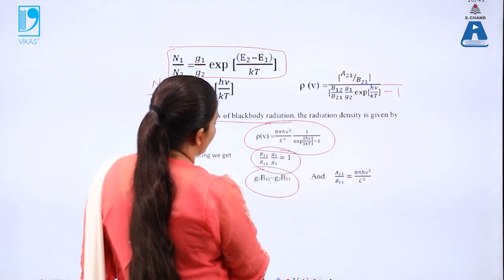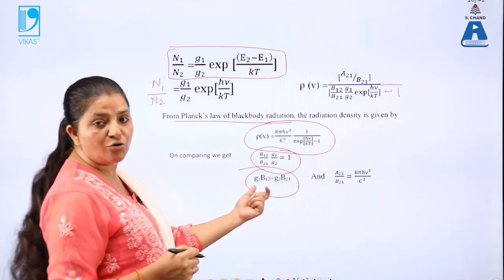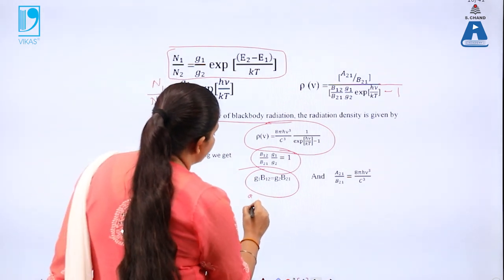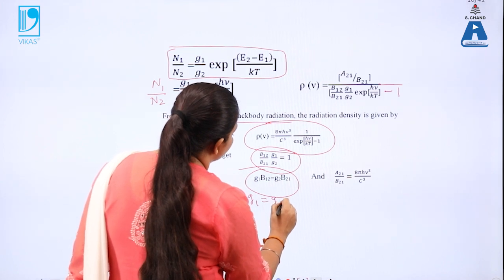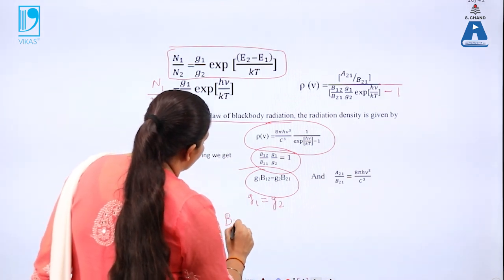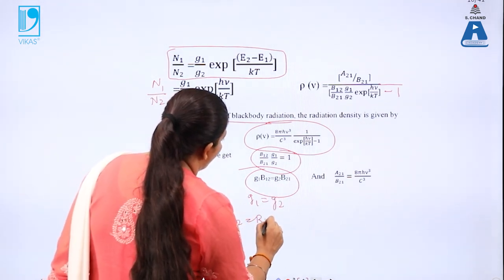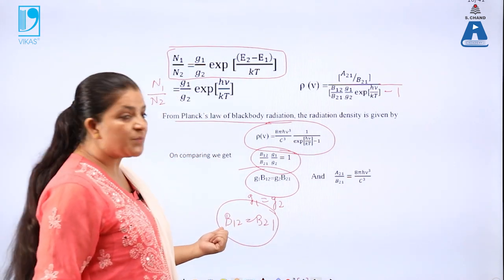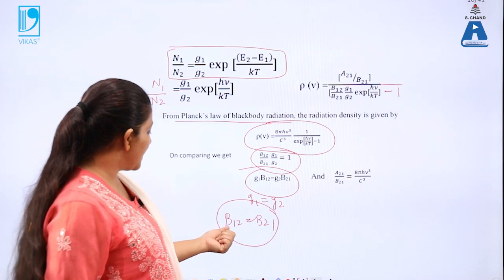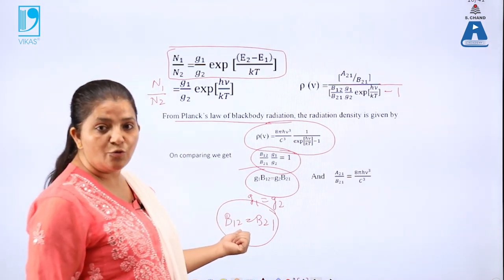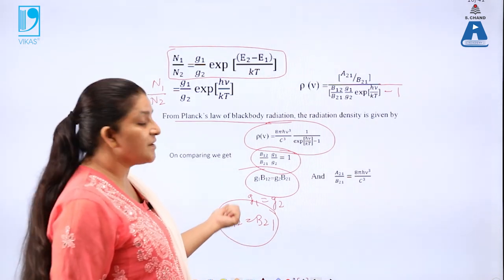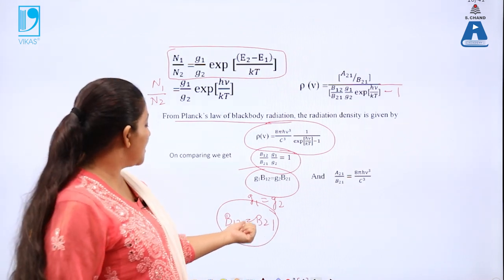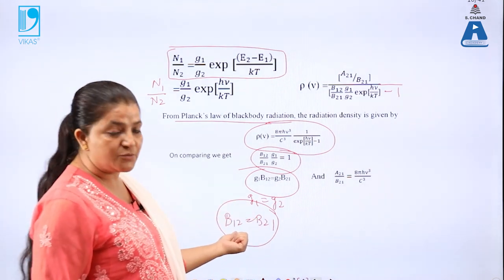That means the degeneracy, if this degeneracy G1 is equal to G2, then B12 must be equal to B21. What is B12? That is the number of atoms which are moving from the ground state to the excited state, related to stimulated absorption.